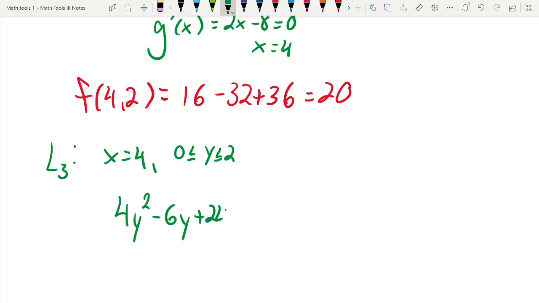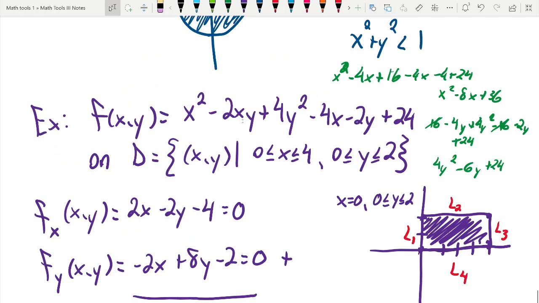Let me make sure I didn't make any arithmetic error here. I did make an arithmetic error here. So this is what I mean: we've got to be really careful and really check these. This would be 16, and I put 2 in for this instead of 4.